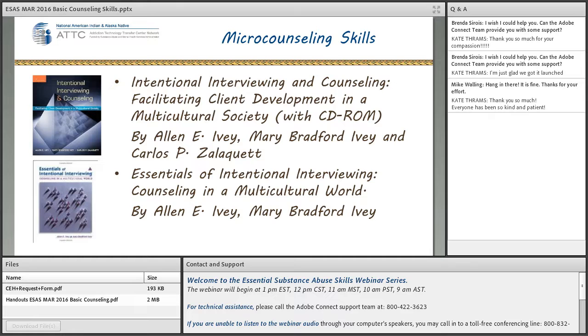So Microcounseling Skills, Intentional Interviewing and Counseling: Facilitating Client Development in a Multicultural Society, and Essentials of Intentional Interviewing: Counseling in a Multicultural World. It's really important if you get an opportunity to take a look at these books, they will help you to sort of think about your skills as a counselor.